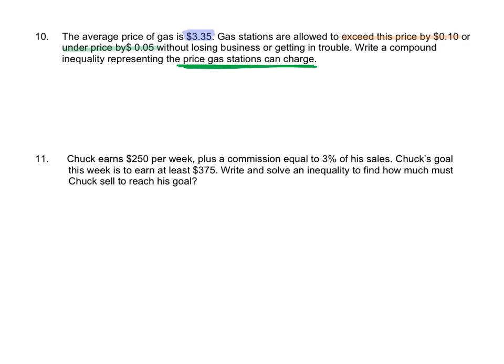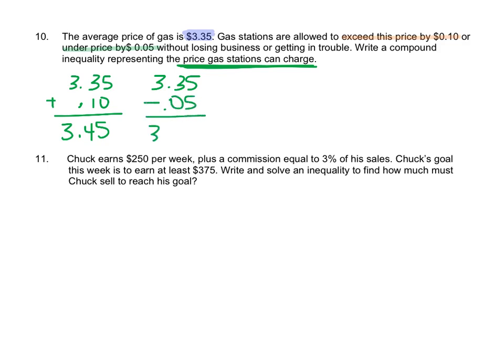So when I think about gas at $3.35, I can be over by 10 cents, so I could charge $3.45. Or if it's $3.35, I can be under by 5 cents, so I could subtract 5 cents and be at $3.30. So gas can be anywhere between these values.